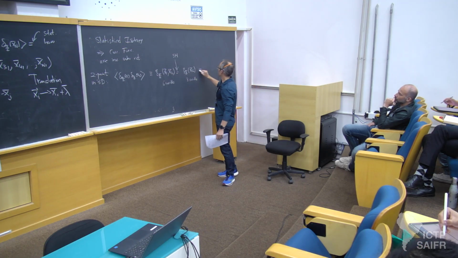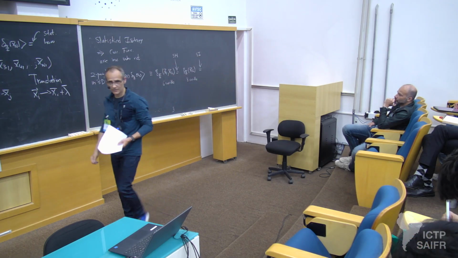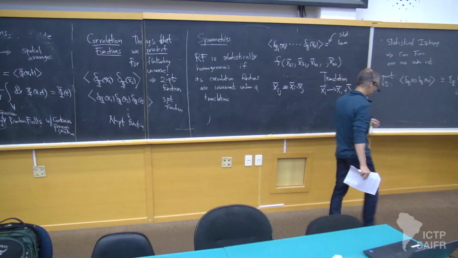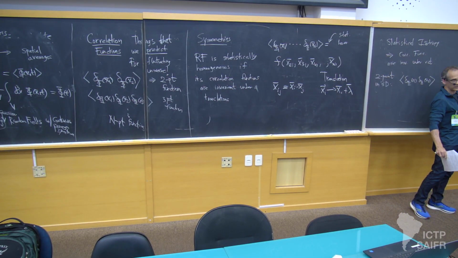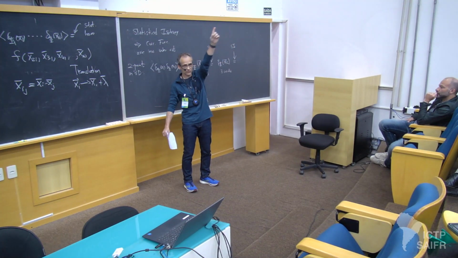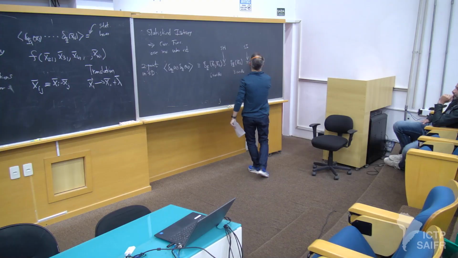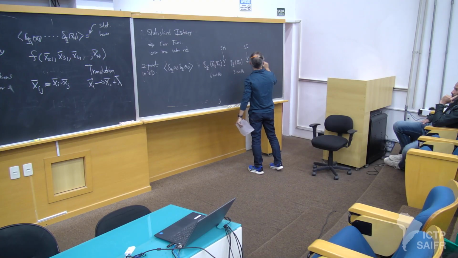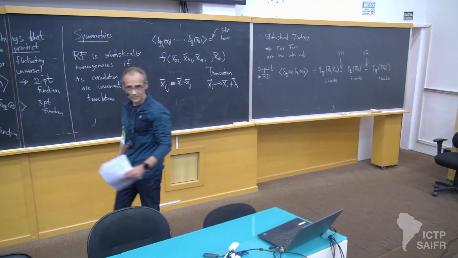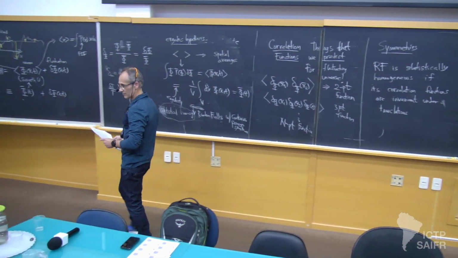Finally, if I can make the assumption that my random field is statistically isotropic on top of homogeneous, it cannot depend on the vector, right? Because it will depend on the direction. That breaks statistical isotropy. So it can only depend on the magnitude of this vector. And now you can see we end up with a function of a single variable. So I went down by a factor of 6 by using these symmetries, okay?